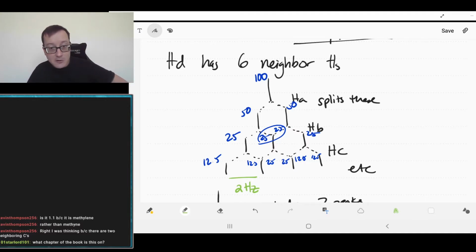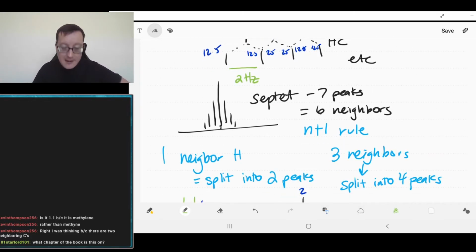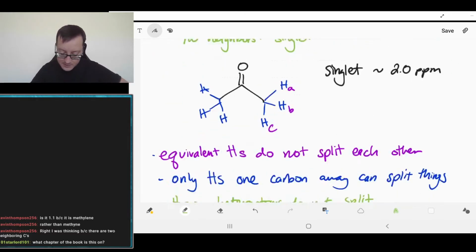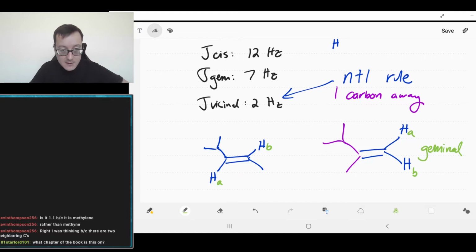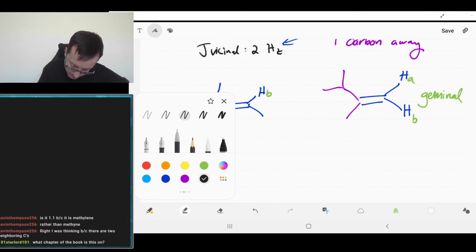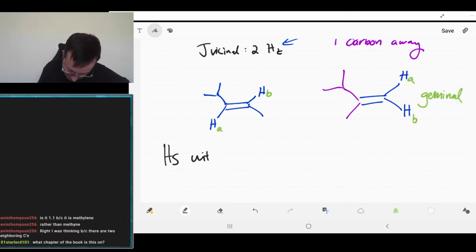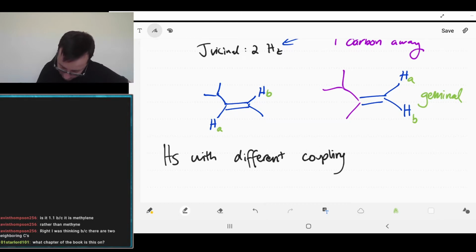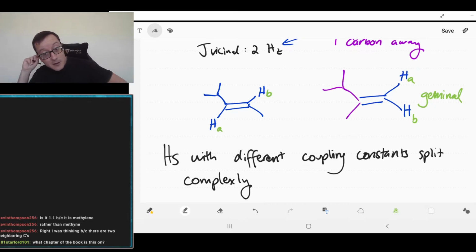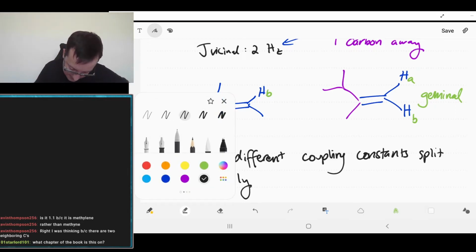Those are all vicinal hydrogens to each other, so they all split equally, which is why we get these nice patterns. The n+1 rule comes from the vicinal splitting. But when things have different coupling constants, they split weirdly, in a complex manner.